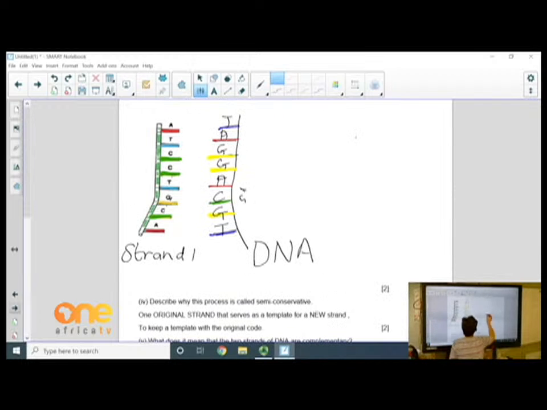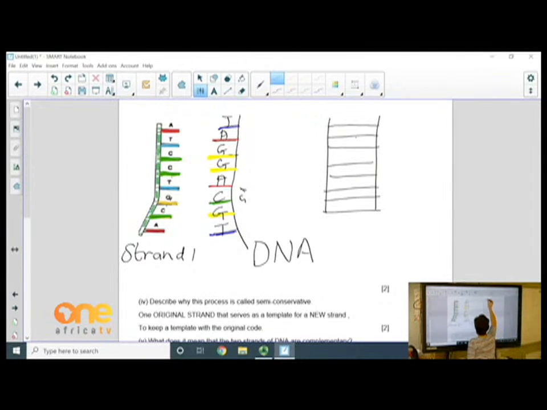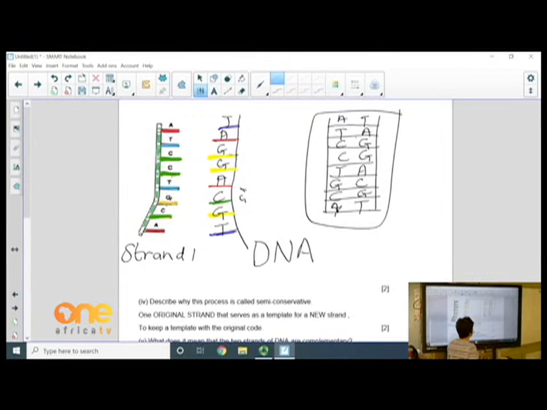The end of the process will look like this: A, T, T, A, C, G, C, G, T, A, G, C, C, G, A, and T. And this is the end of the process.